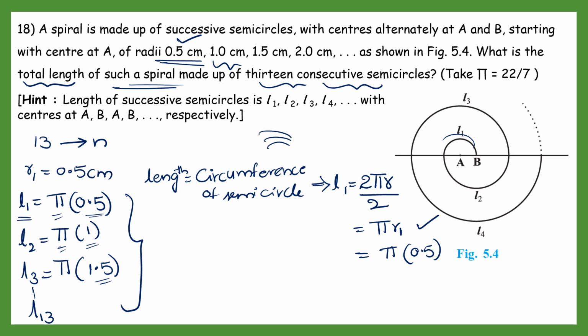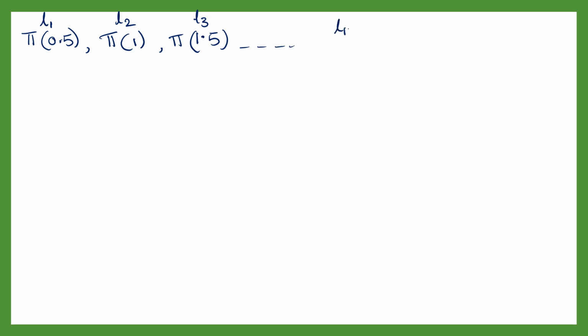First write the arithmetic progression. Pi into 0.5 is the first term, L1. L2 is pi into 1. L3 is pi into 1.5, and so on till L13. There are 13 semicircles. We don't know L13, leave it.